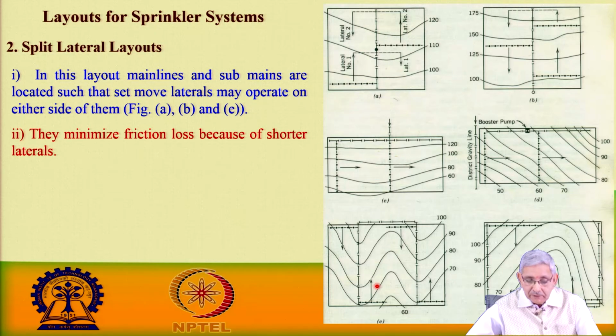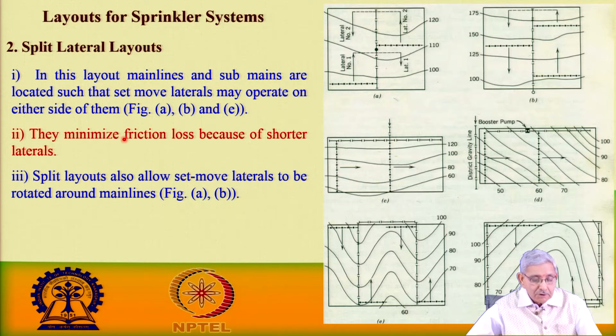Practically, this type of lateral minimizes the frictional loss because we are reducing the length of the lateral pipeline. The split layout also allows the set move lateral to be rotated around the main pipeline.